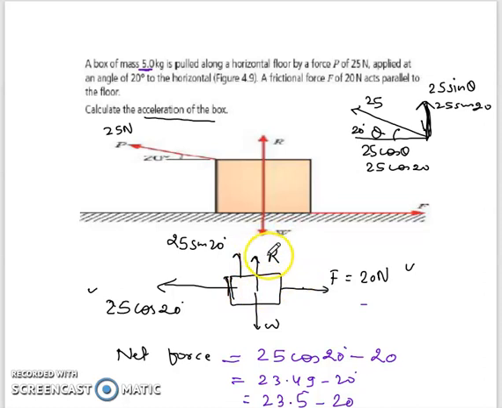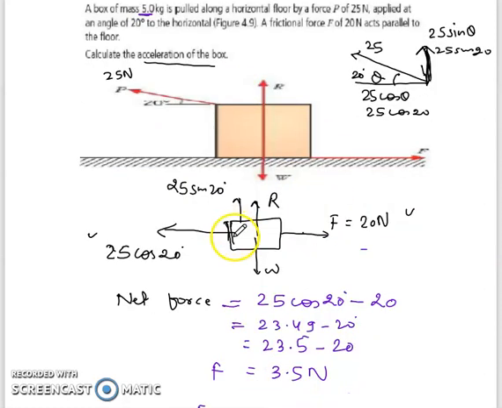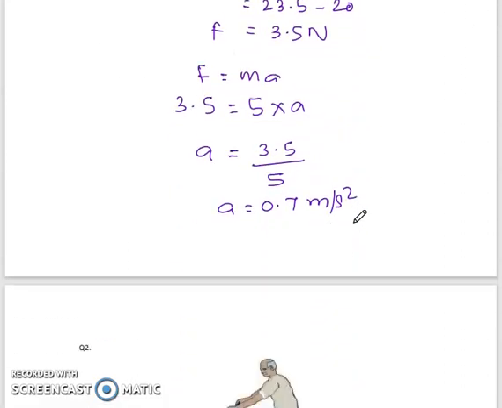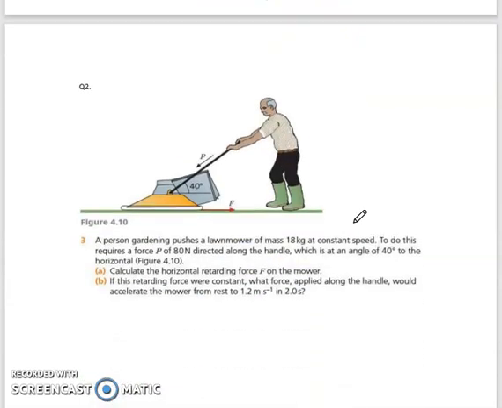So in that scenario you can find the normal reaction, but the question was to calculate the acceleration of the box. So what we did, we calculated the horizontal component of the force acting on the box, and after that we calculated the force. Okay, now moving to question number 2.